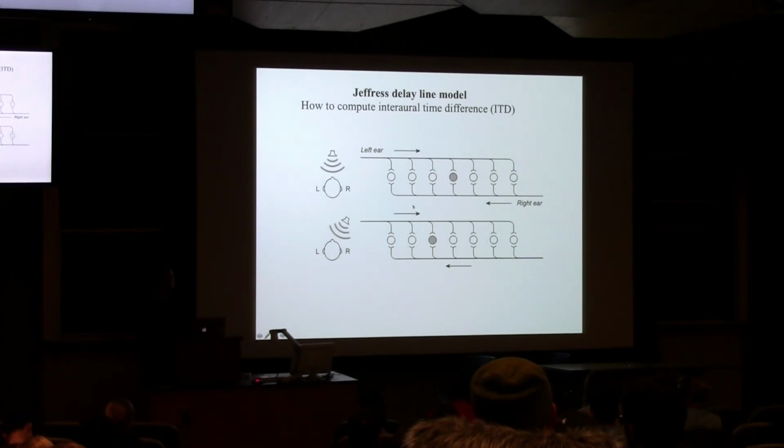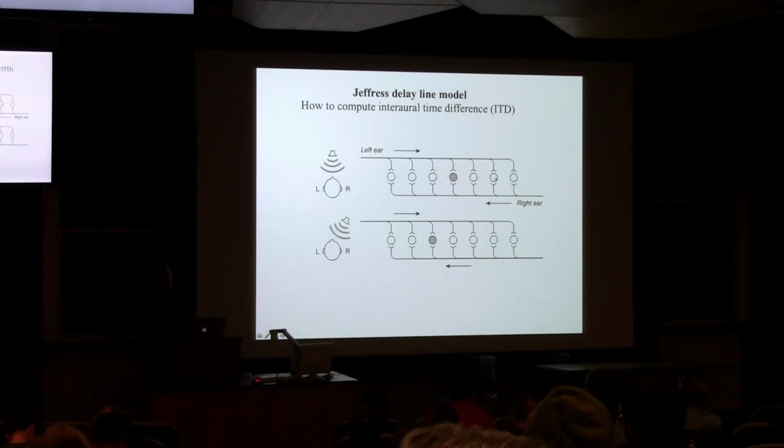If both signals start at the same time, in this design the two signals meet in the middle, right? In all other cases, one will arrive earlier than the other, so they won't exactly match. So if the cell has a threshold, only when both signals are active at the same time can you drive the cell. Only this cell will be activated, right in the middle.